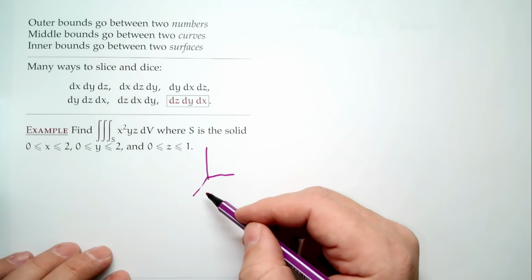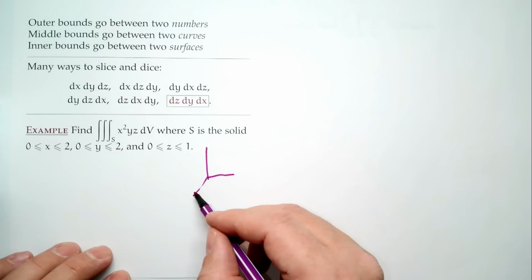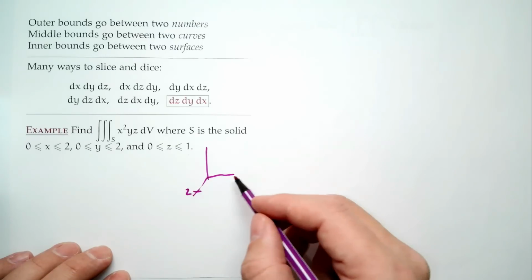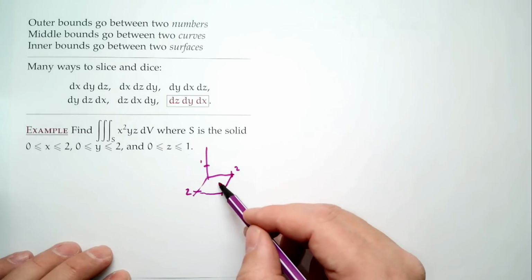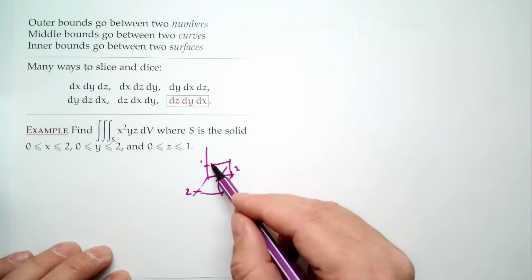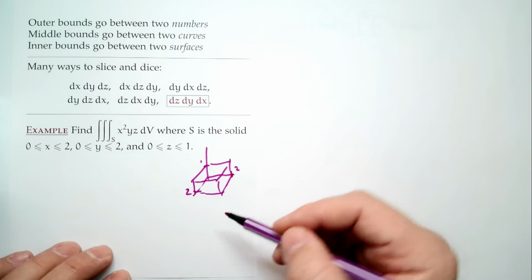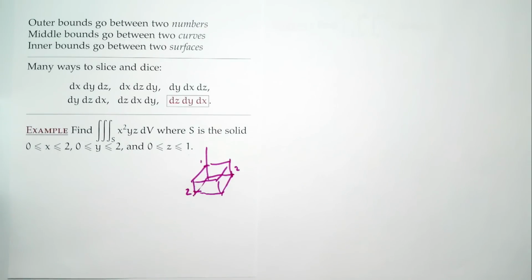Yeah, I'd see a box. X goes from 0 to 2, so here's 2. Y goes from 0 to 2, here's 2. Z goes from 0 to 1, there's 1. So when you sketch this out, what you end up with is a box. So that's a fairly straightforward region to work with.